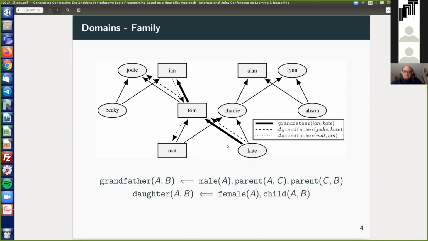So just a minimal change: it's not a male anymore, it's a female. You can also see other things like Matt, who is not the grandfather, but there is a grandson relation. By changing all these parent statements to child statements, the whole situation becomes another near-miss example, which is actually the grandson.